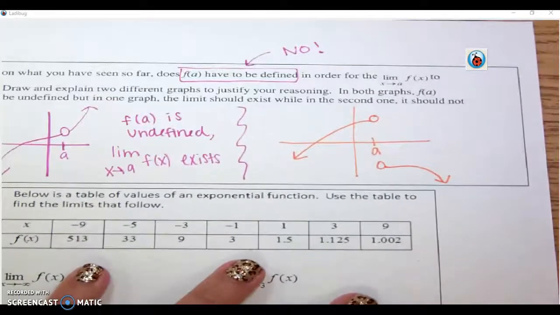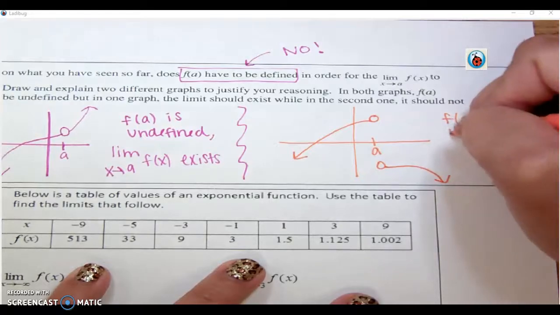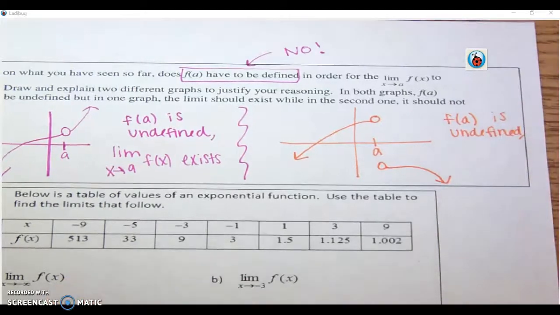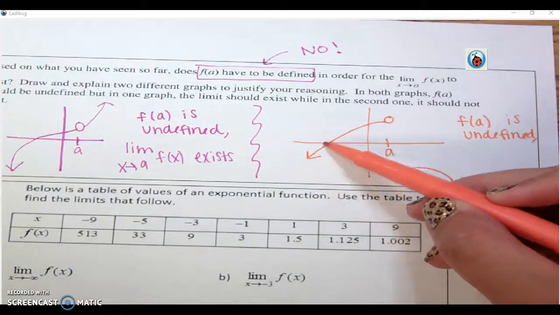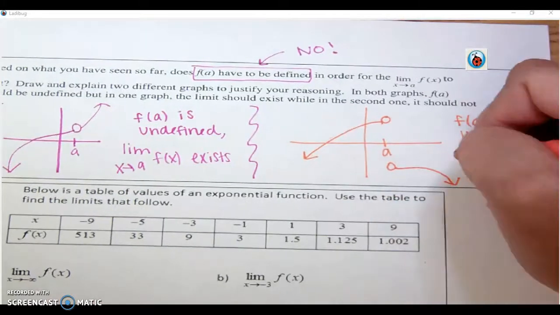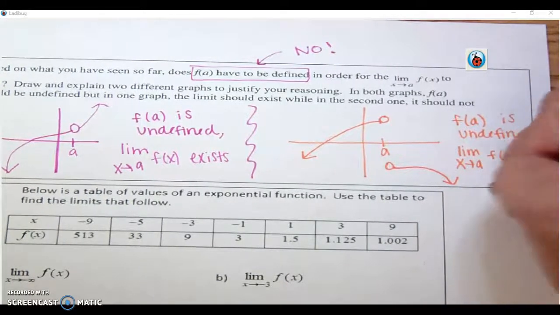So it's still undefined. But now, because the left side approaches this y value and the right side approaches this y value, that means the limit as x approaches a does not exist.